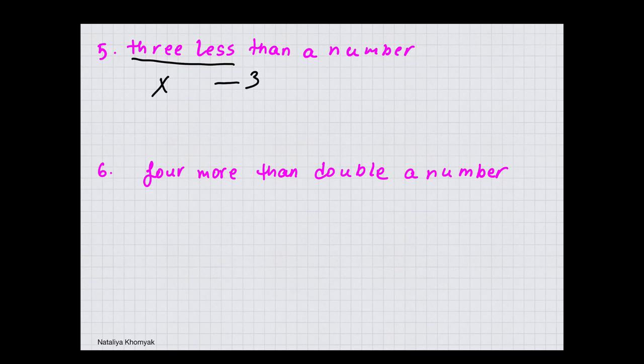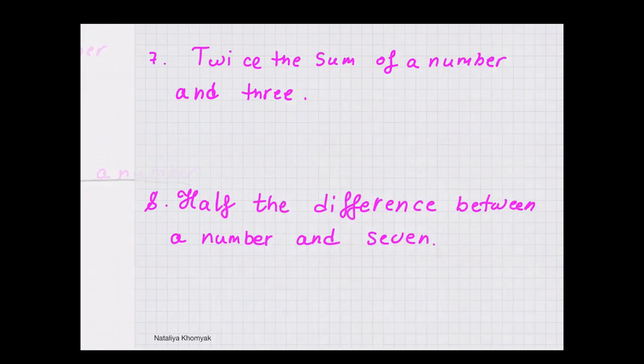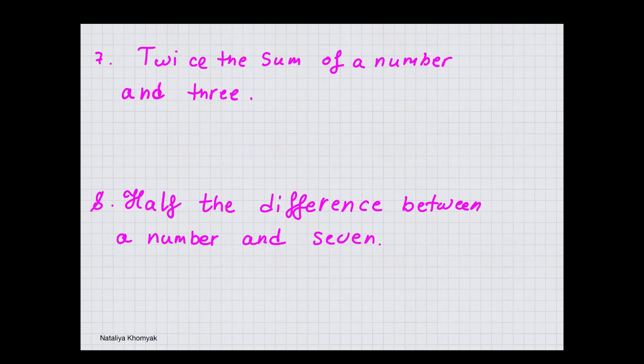4 more than double a number, so you want to double a number first. 4 more, plus 4. Twice the sum of a number and 3. Now, if it says sum or difference, you want to make sure you perform this operation first.